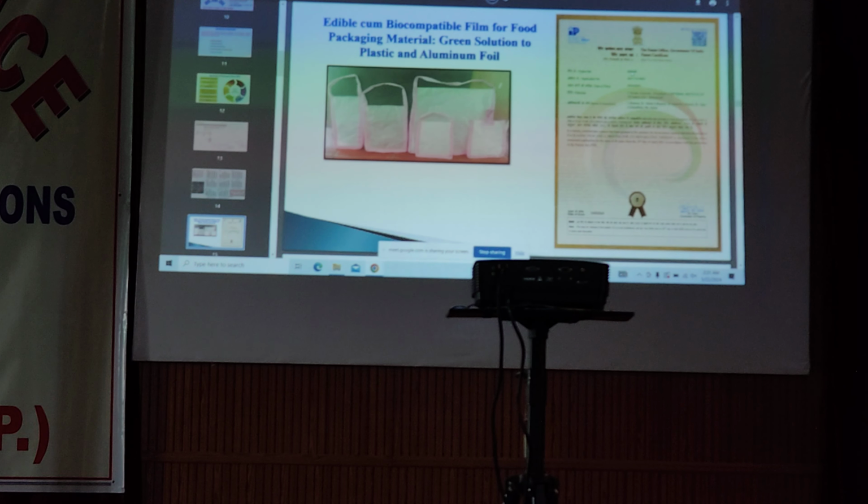Aluminium foil is a very common material which we use to wrap up food material. And one thing is that, like, we use a packet of Maggi or chips, we eat it and then we throw it. And we don't even care for its fate. Like the first synthesized plastic, in the 19th century, is still on our earth, because it takes 1000 years for degradation.